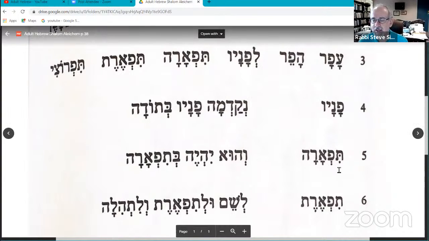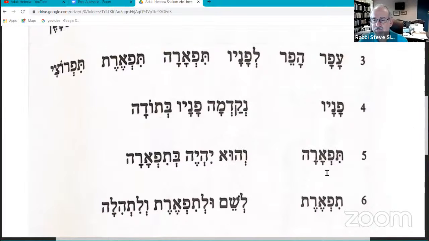Line 5. Tif ara, Tif ara, v'hu, yeh, v'tif ara. Emphasizing the vav. It is a vav. It has 2 dots below it. It is pronounced v, v'hu.